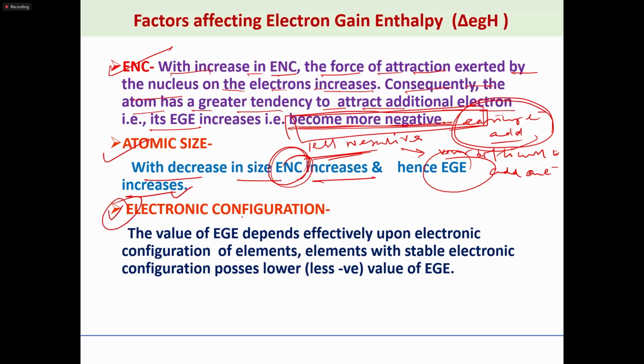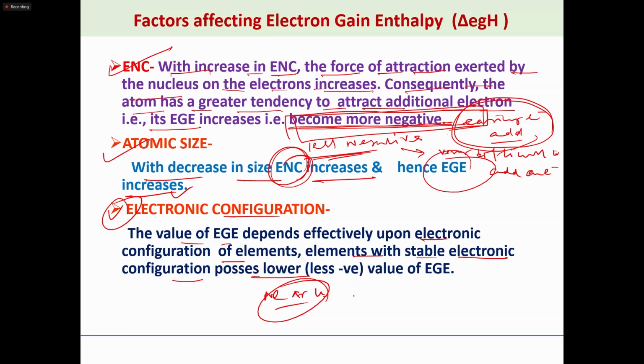The second point is electronic configuration. The value of the electron gain enthalpy depends effectively upon the electronic configuration of an atom. Elements with a stable electronic configuration possess a lower value. Suppose neon, argon, krypton, these are noble gases. These noble gases have a filled octet, a stable electronic configuration.